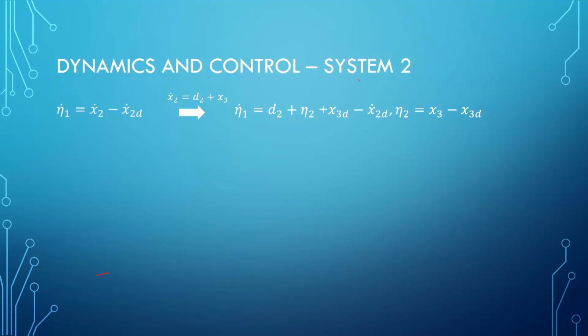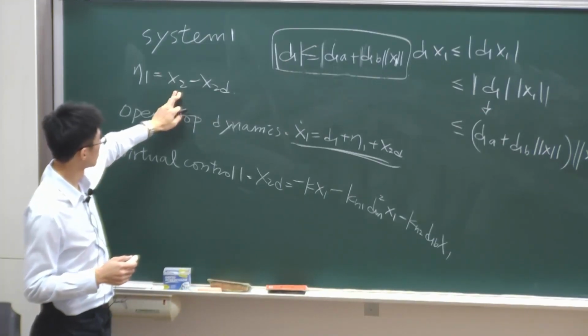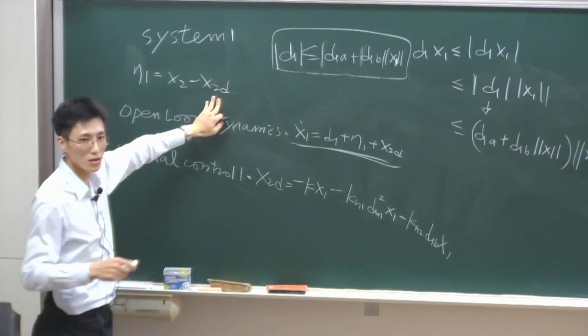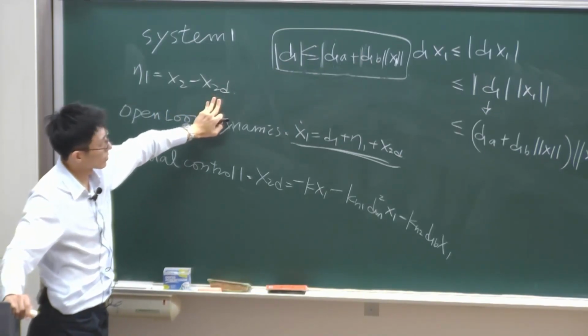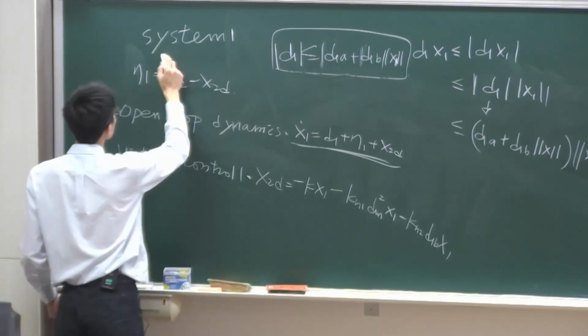So following the same procedure, the objective for the second system is we want eta 1 to be 0, right? Because eta 1 is designed to be the tracking signal for x2 to track x2d, right? So in the second system, the objective is for eta 1 to go to 0.